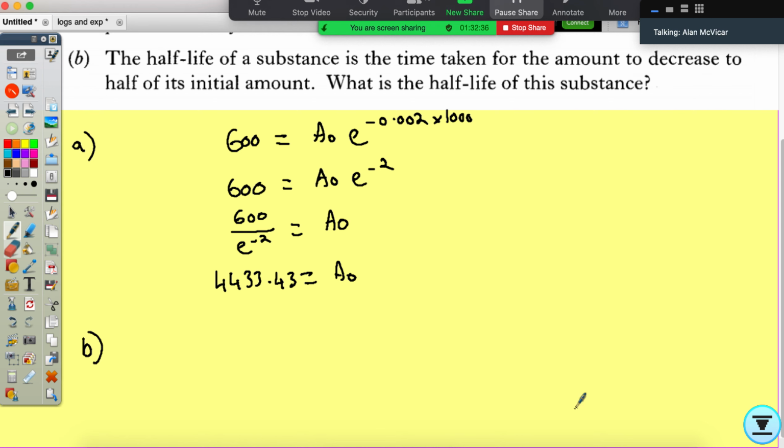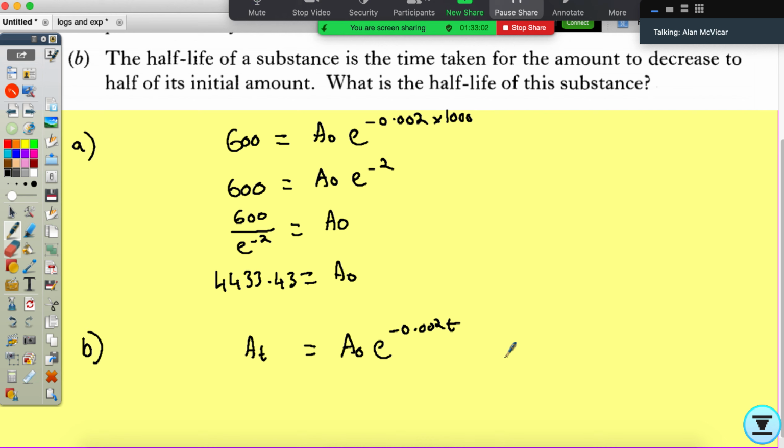B. Right, so let's write my formula again. So A_t equals A_0 e to the power of negative 0.002t. Right, so now we've done part A, right?